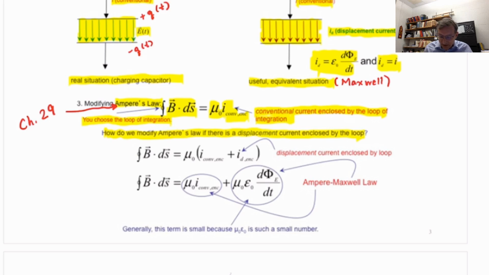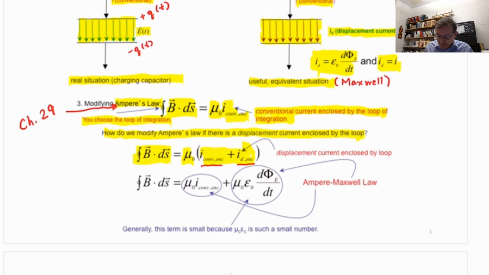So on the left, you still integrate the magnetic field around a closed loop, and we pick the loop. But now the result of that integral will be proportional to the sum of the conventional current enclosed by the loop and the displacement current enclosed by the loop. And again, the proportionality constant is mu0. So Maxwell added that displacement current enclosed term.